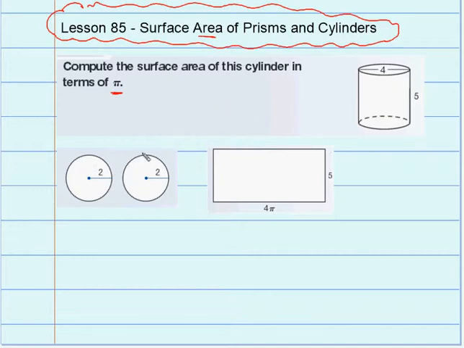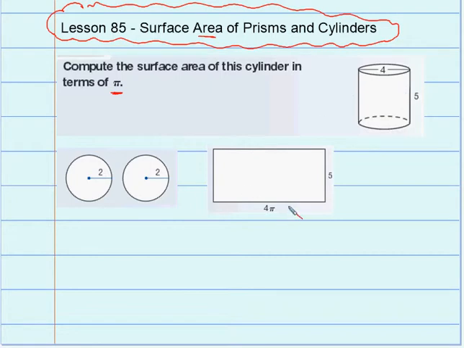So the top and the bottom are two identical, two congruent circles, and the sides are like if you cut the label off of a can and you unfold it, it makes a rectangle. Now this long side is the side that wraps around the edge of the circle.